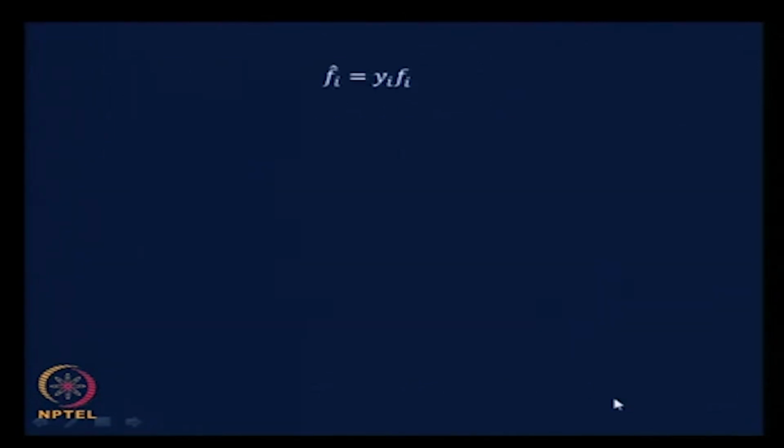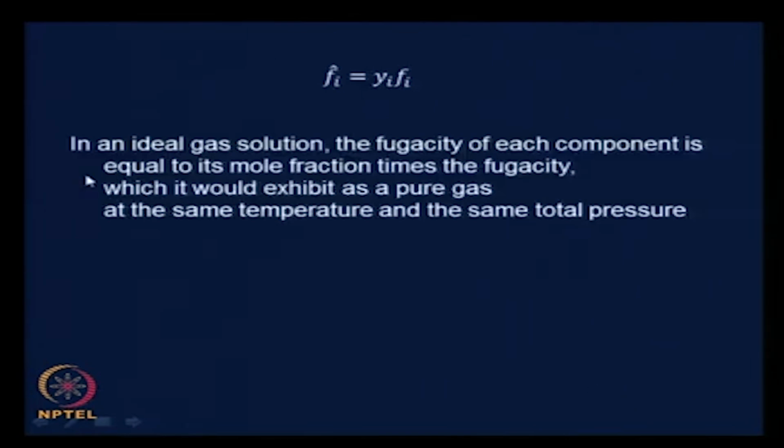This says something powerful. It says in an ideal gas solution, and we are looking only at ideal gas solutions, remember that is what we decided to focus on earlier, the fugacity of each component, which is represented as Fi hat here, is equal to its mole fraction yi times the fugacity Fi, which is what it would exhibit as a pure gas at the same temperature and pressure as that of the solution.